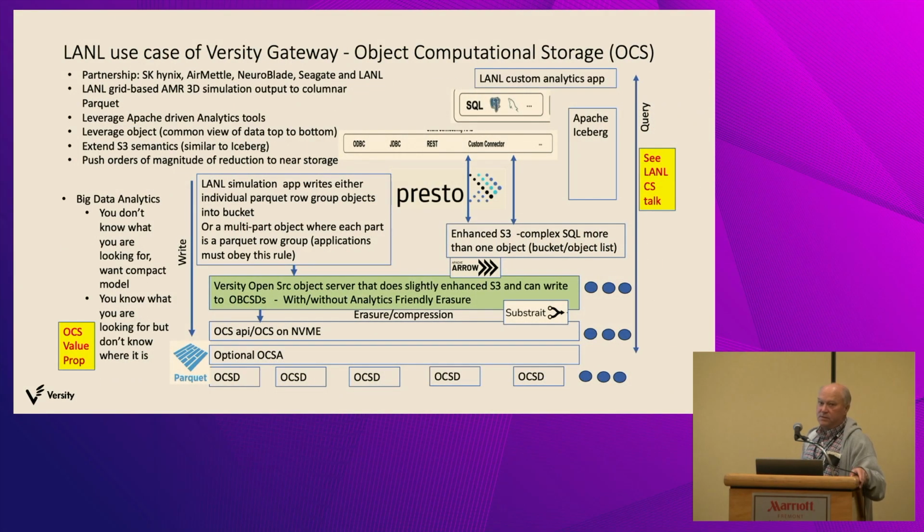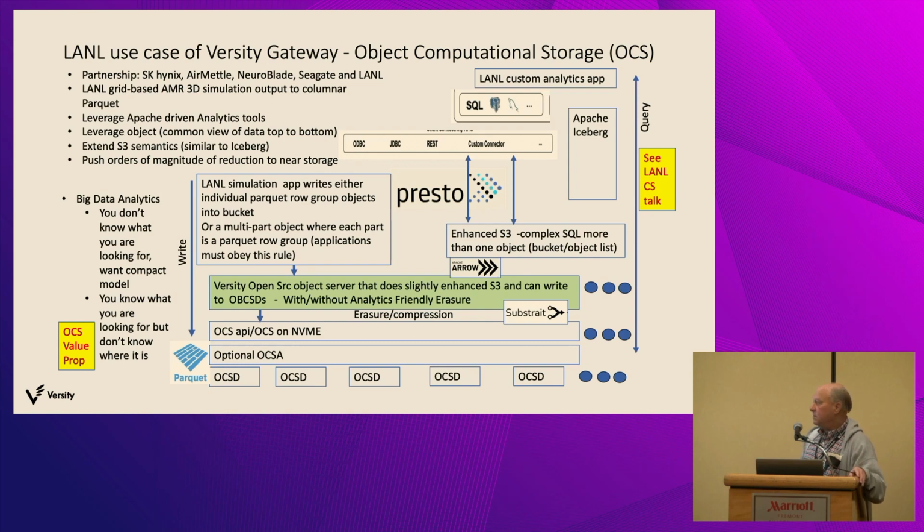So the idea is you push down as much as possible, and it follows the principle that if the bottom layer doesn't work, you can always do it for the higher layer. So if the OCS breaks, instead of pushing the select to it, you just do a get, and you can do it at a higher level. So anyway, that's the idea, but that's not the point of this talk.